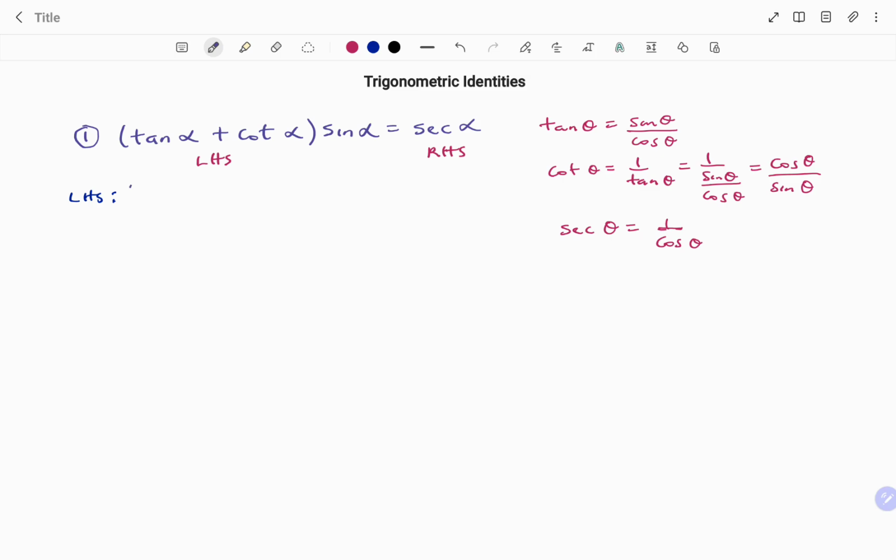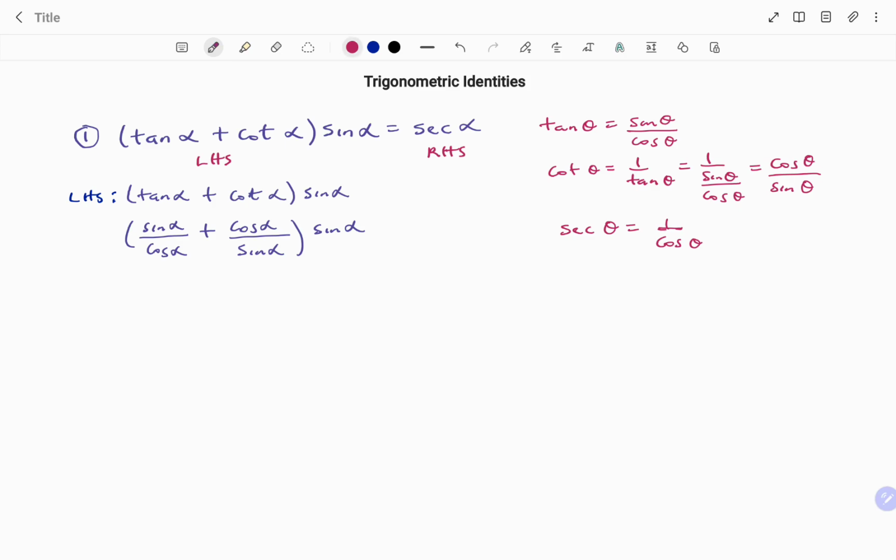For our left-hand side, we have tan alpha plus cot alpha multiplying sine alpha. Changing our tan alpha, we have sine alpha over cos alpha plus our cot alpha becomes cos alpha over sine alpha multiplying sine alpha.